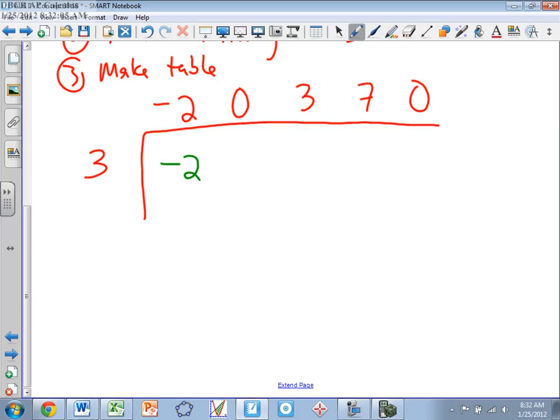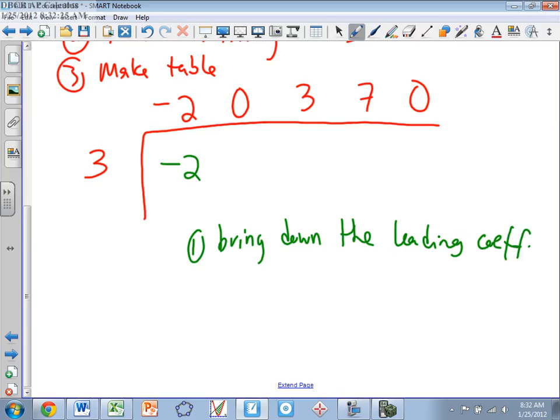If you're writing down steps, that would be step 1 under this table: bring down the leading coefficient, which is negative 2.